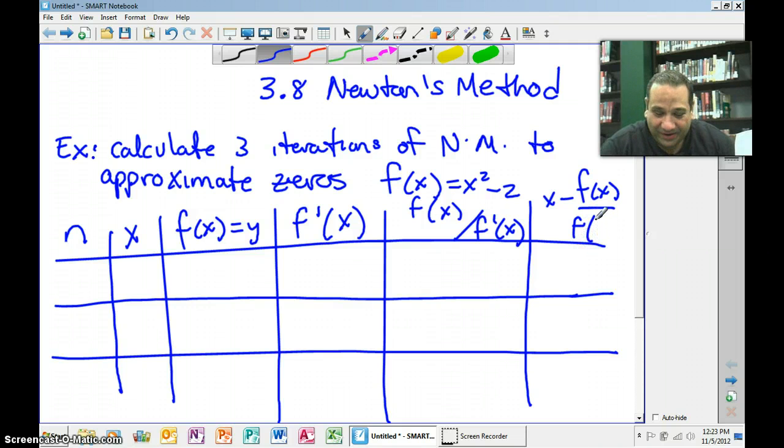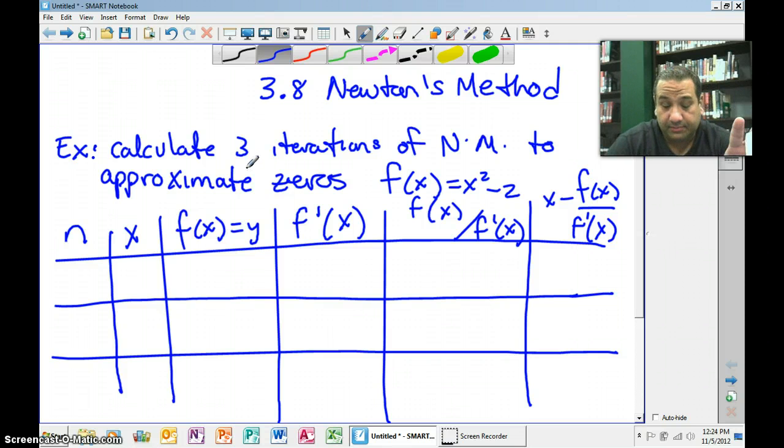So we have something that looks like this. Now, the goal of this is to tell you how many iterations it's going to be. So this tells me 3 iterations.